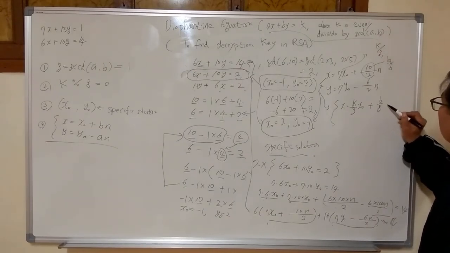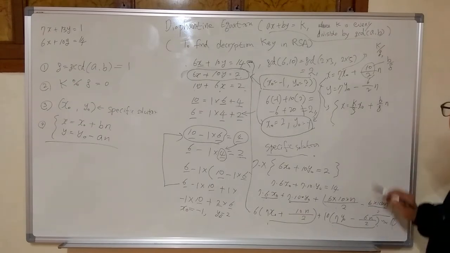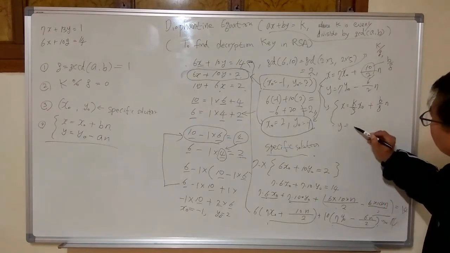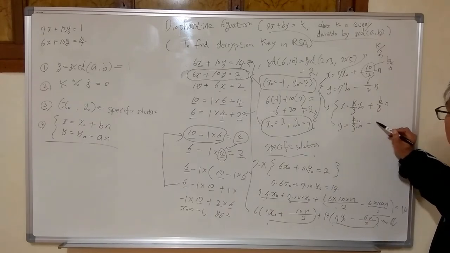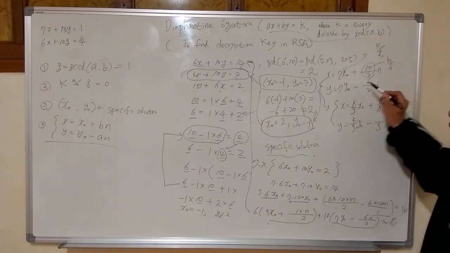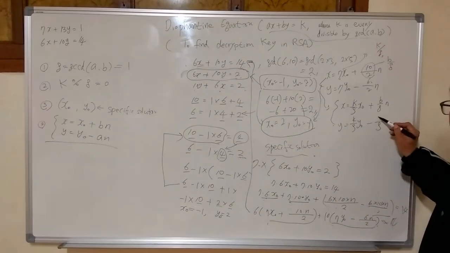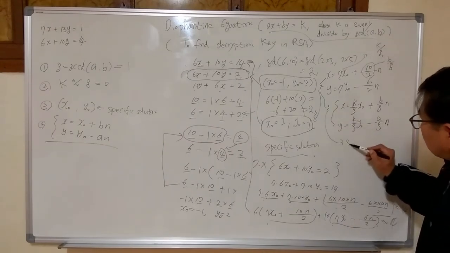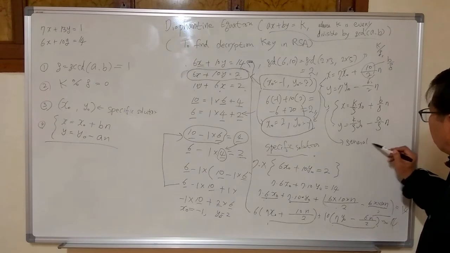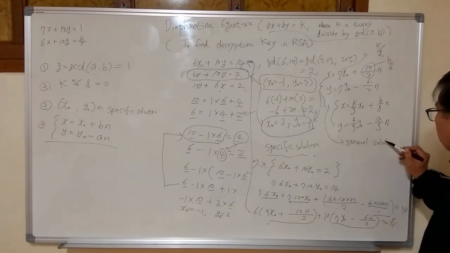So g over b n. And y in the same manner: g over k y0 minus g over a n. Okay, this is the general solution.